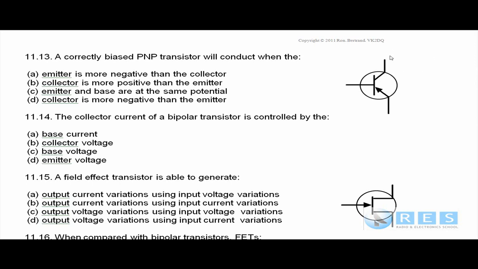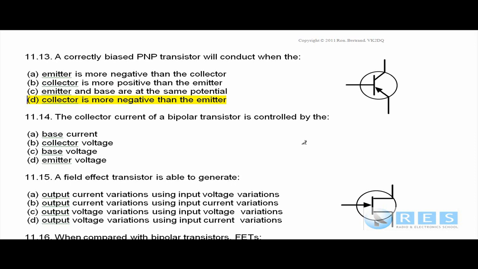So you have a negative collector, a positive emitter, current will flow against the direction of the arrow. If you just remember current has got to flow against the direction of the arrow, you'll get all of these correct. I would suggest that in the assessment you draw the symbol and put the negative and positive on it to help you work it out. So the answer is D, the collector is more negative than the emitter.